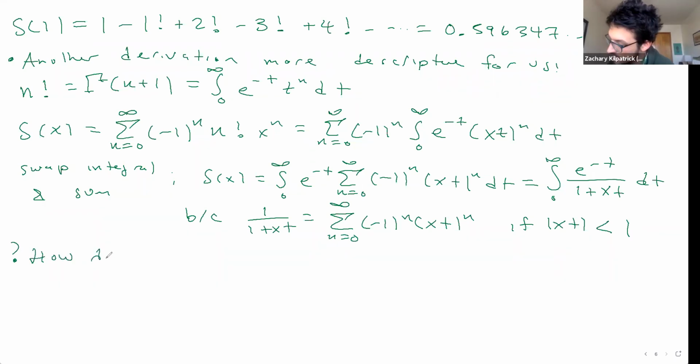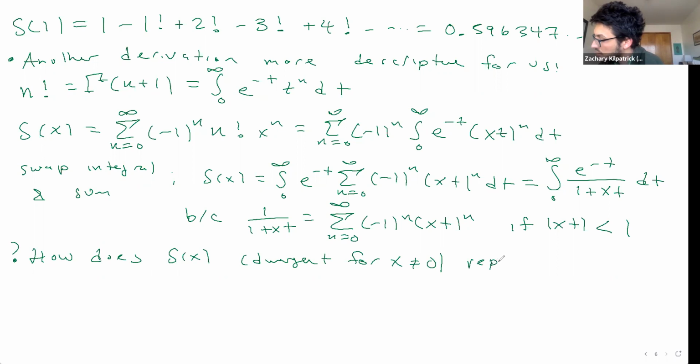So the question is, how does s of x, which is divergent for x not equal to 0, represent this function f of x, which is equal to the integral from 0 up to infinity of e to the minus xt over 1 plus xt dt?